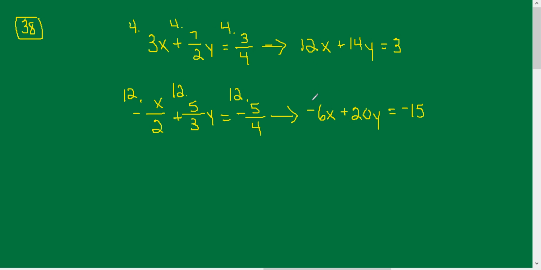So here I'm going to multiply this bottom equation by, let's say we do it by 2, because the x's will cancel out then. So 2 times negative 6x is negative 12x. I'll write it underneath here. Plus 40y. That equals negative 30.